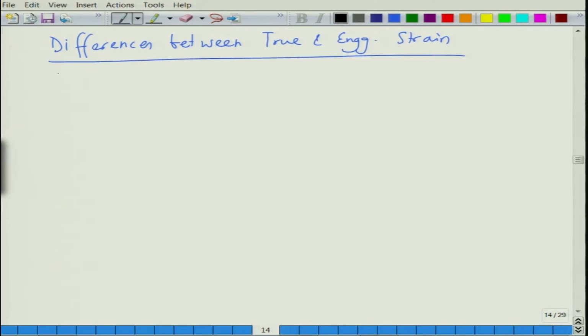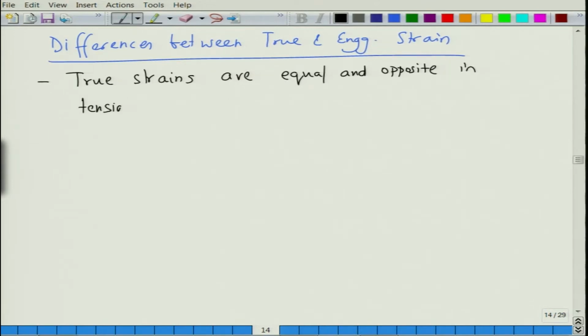The first difference is true strains are equal and opposite in tension and compression. So, let us say if you go from L1 to L2 and then go back to L1, they will remain the same. So, this is tension, this is compression, they will remain the same.